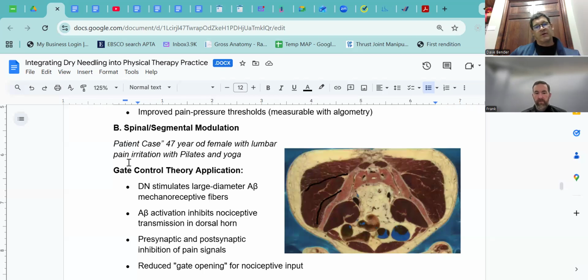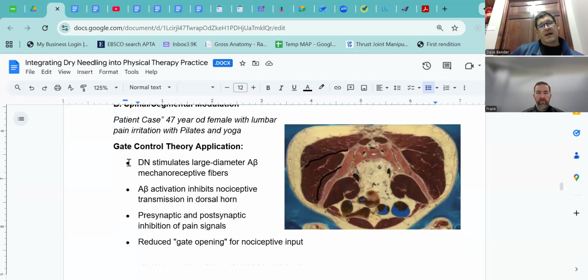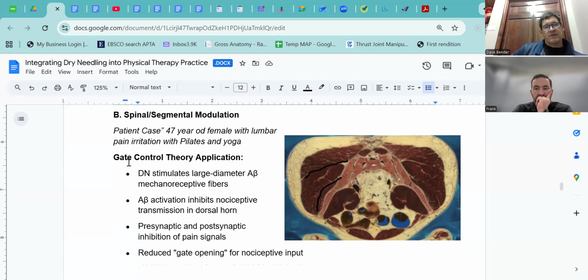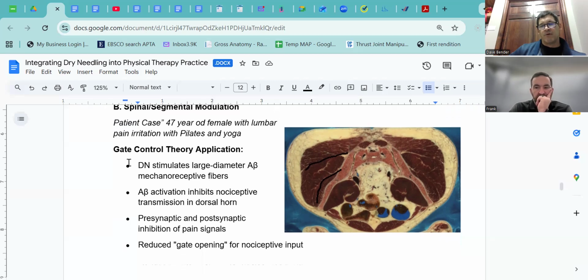So this is that segmental influence. We have presynaptic and postsynaptic inhibition also occurring, and this reduced gate opening for nociceptive input. So in this case, this person may be more responsive to the classic gate control model at the spinal segmental level.